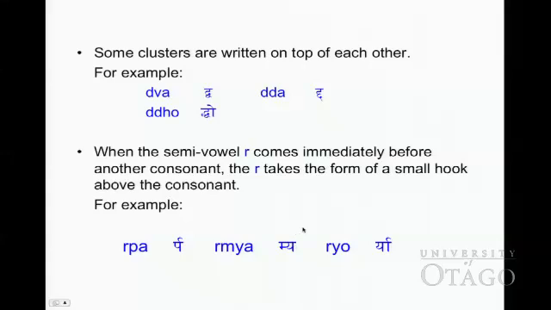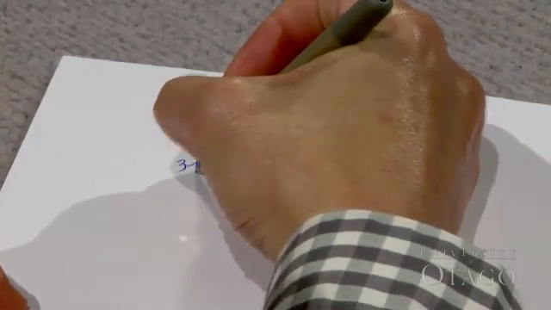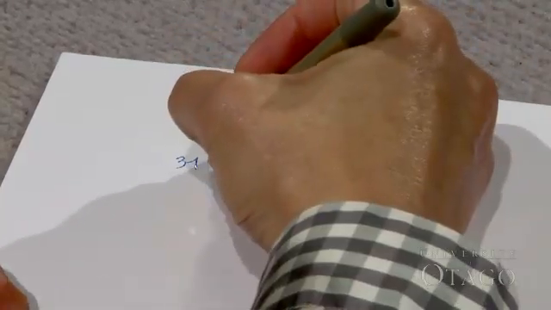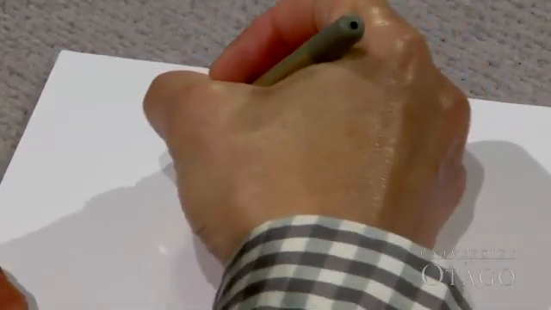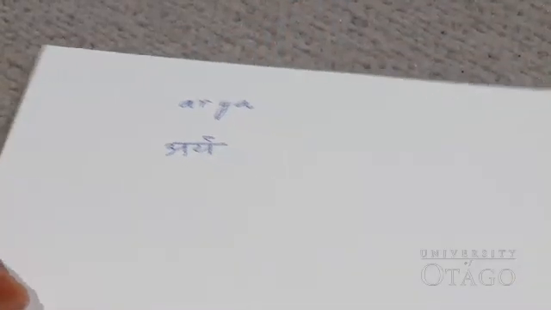Ramaya. Such as when you want to write araya, this is a, and laya. So you have to write araya like this.